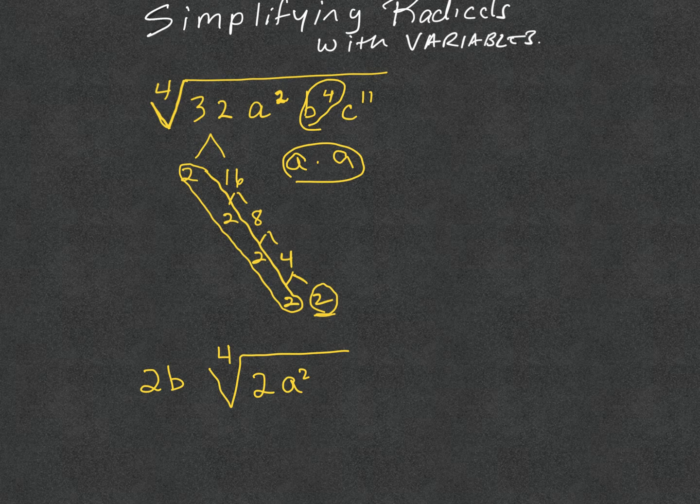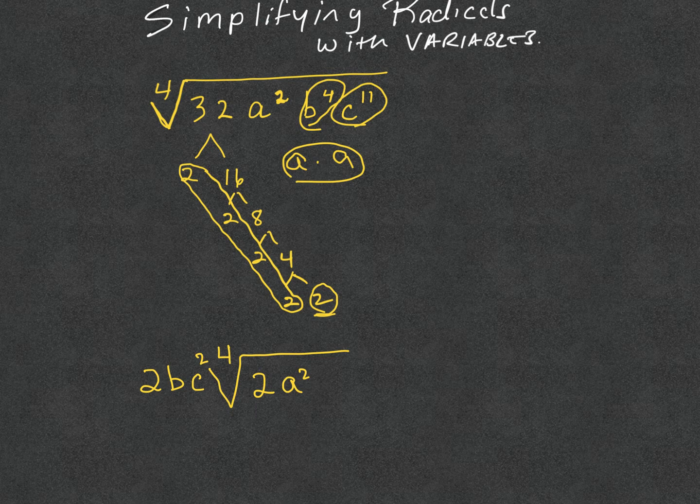Now c to the 11th, we almost had 3 groups because 4 times 3 is 12. But in this case, we only had 2 groups of c. So we're going to say c squared. And we did have a remaining amount of c's.